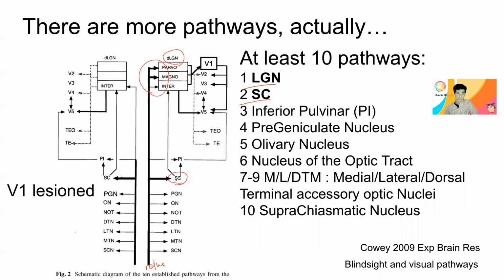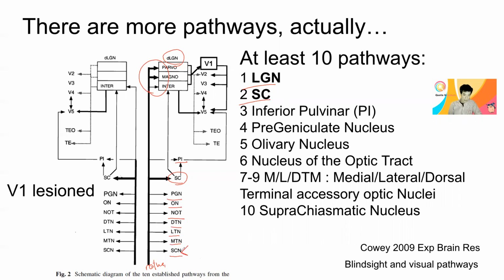The rest, a very tiny fraction of the retinal output, goes into at least 8 other pathways: the inferior pulvinar and pregeniculate nucleus, the olivary nucleus, the nucleus of the optic tract, the medial, lateral, and dorsal terminal accessory optic nerve nuclei, these three, and the suprachiasmatic nucleus.